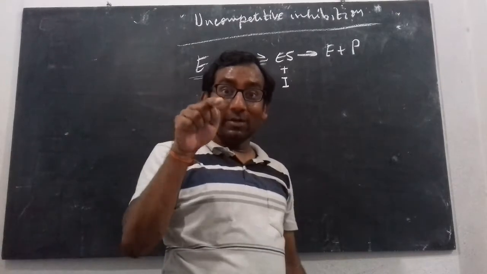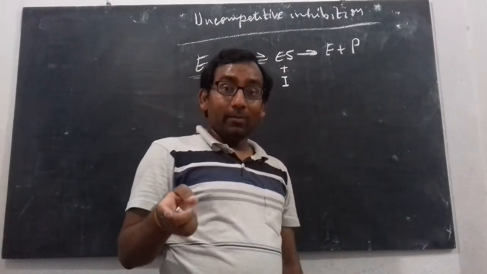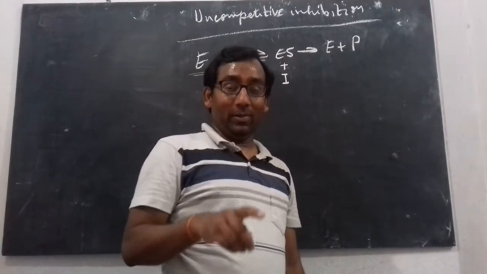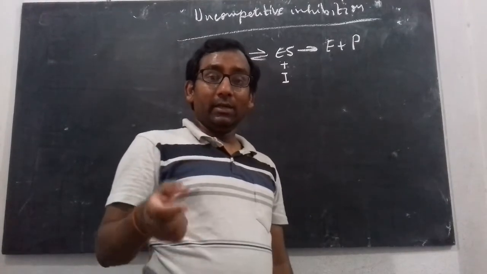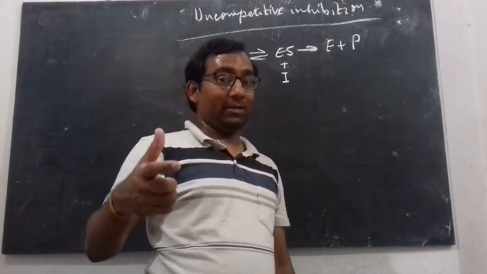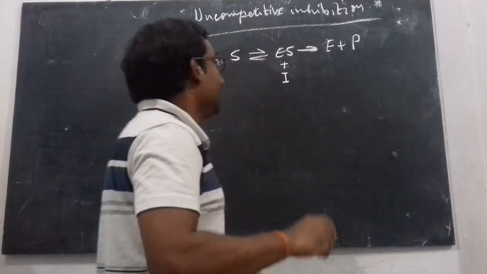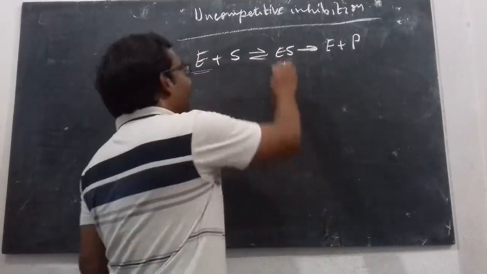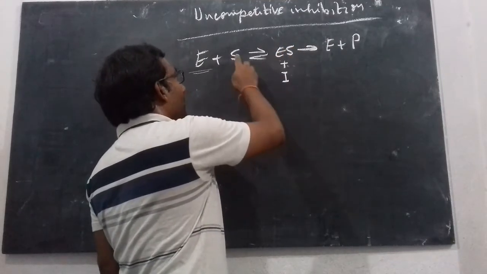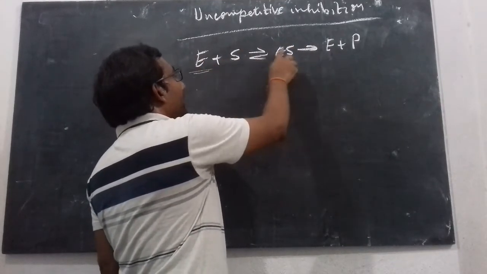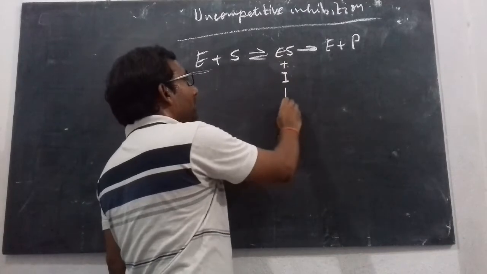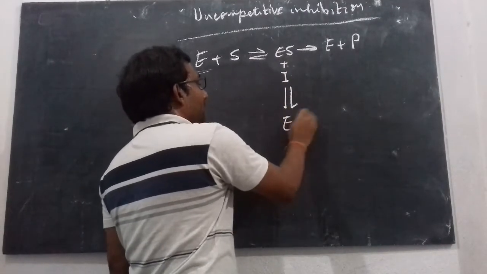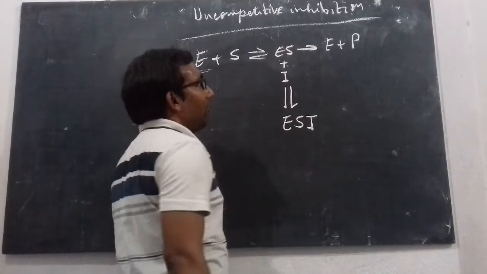The uncompetitive inhibitor binds to the enzyme substrate complex, at a site distinct from the site of the substrate. That means they don't bind to the active site. They bind to some other site on the enzyme substrate complex. After the substrate has bound, the inhibitor binds and forms the enzyme substrate inhibitor complex.